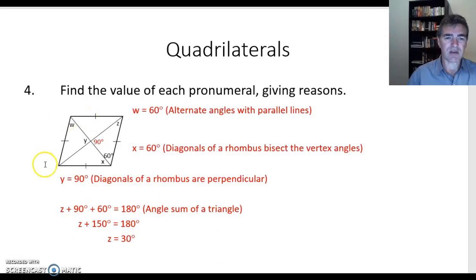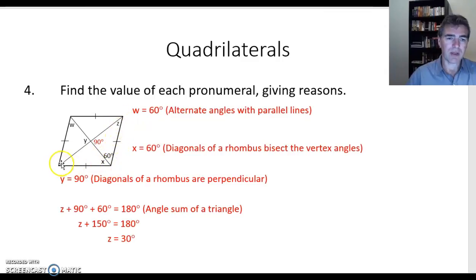So just because we started off with a quadrilateral in the first place, you can see some triangles in there, and we can also use our triangles within that to help us. So as I said, there's quite often more than one way of doing things. So I could have said, well, that's 60 and that's 60, so that whole bit is 120.